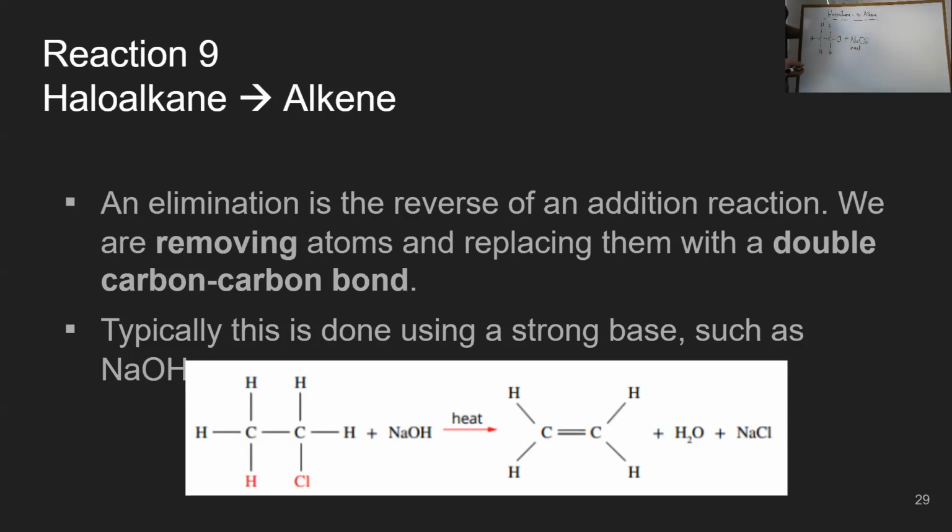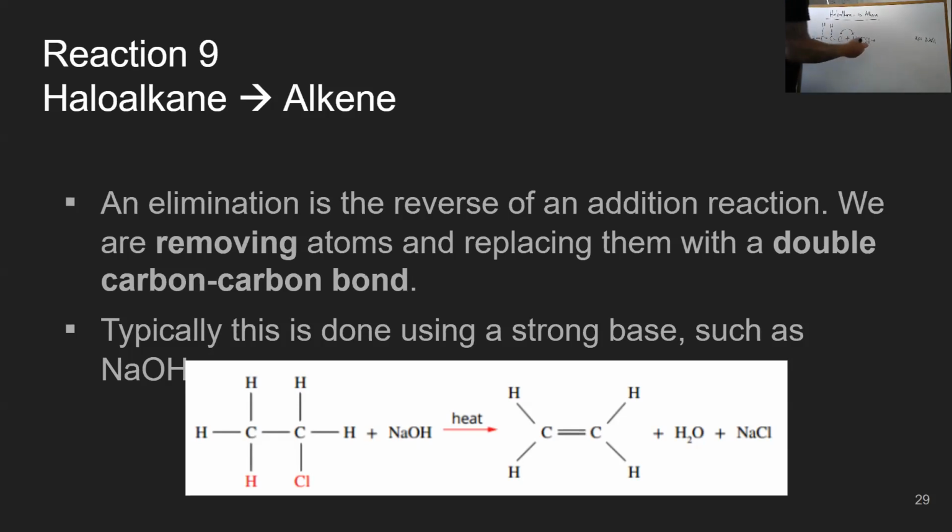So the chlorine comes off, reacts with the sodium to produce NaCl, or sodium chloride. The OH reacts with the hydrogen to become H2O.